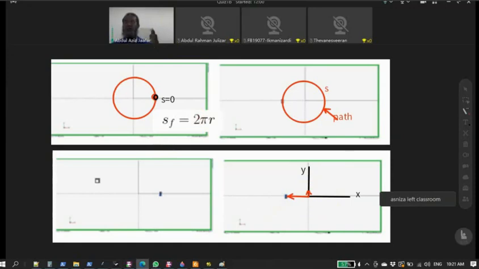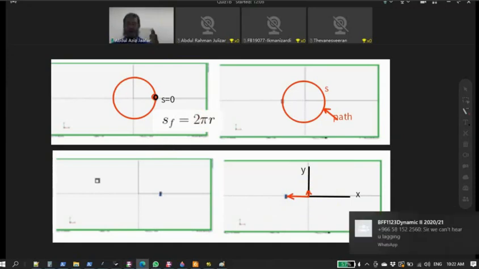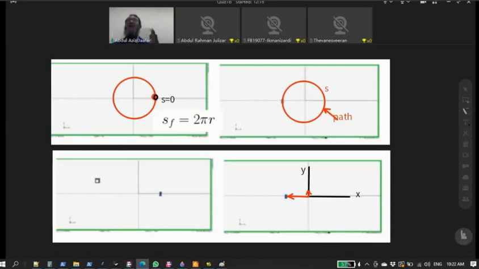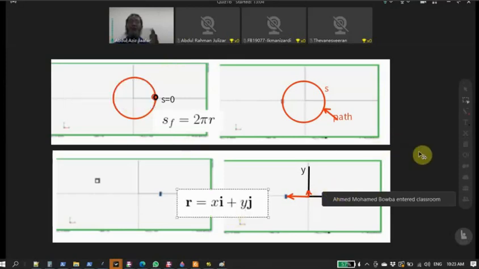Let me write it as the position vector r, so this one is equal to x, and that's the way that we're going to write the position vector for the bicycle.